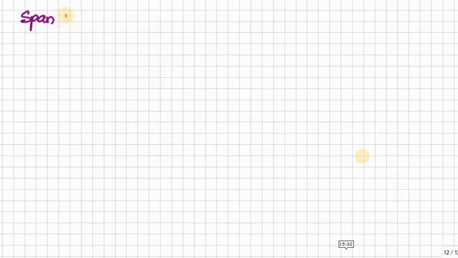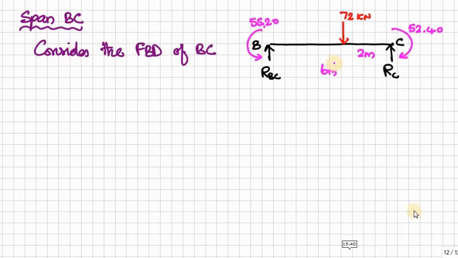Next, consider span BC and draw the free body diagram. So this is the free body diagram with end moments from the distribution table: 55.20 negative for the BC member, that's why anti-clockwise direction, and for the CB member we have plus 52.40, that's why it is clockwise direction, and this is the external load 72 kilonewton.